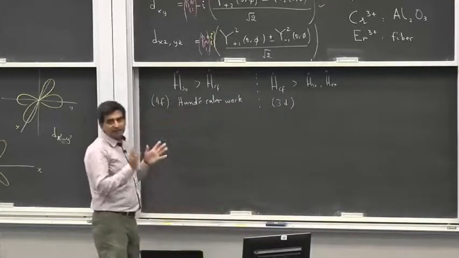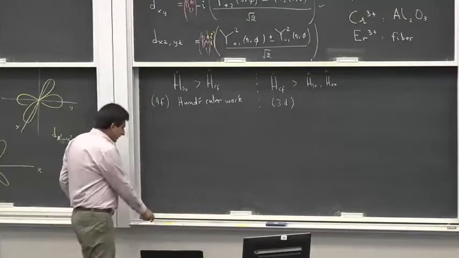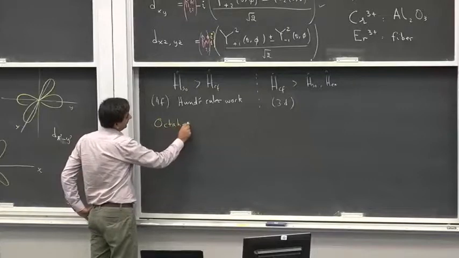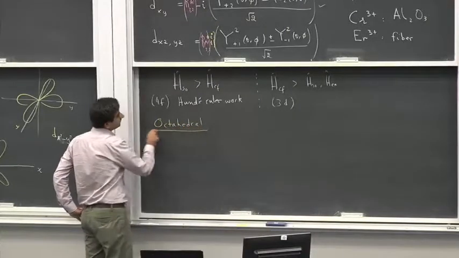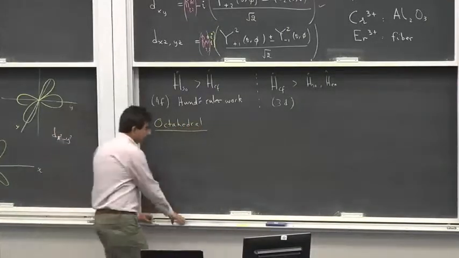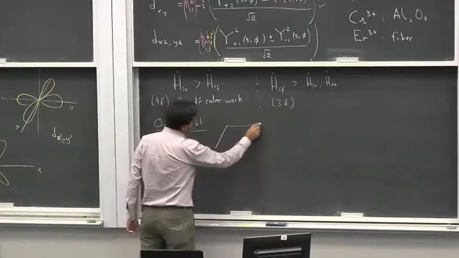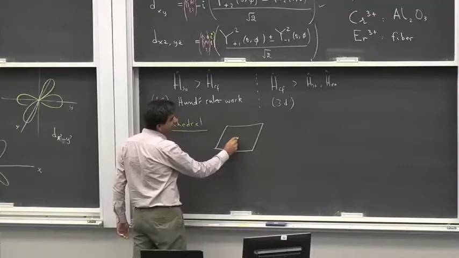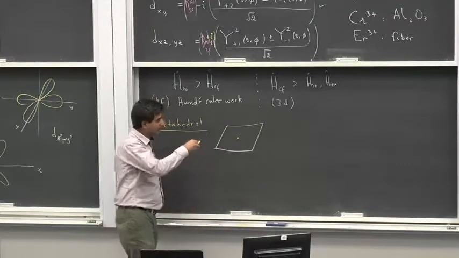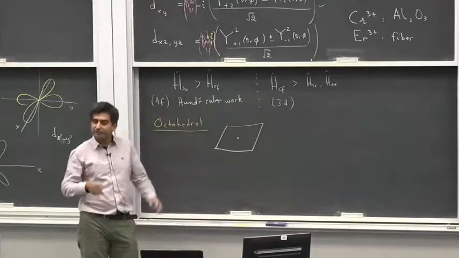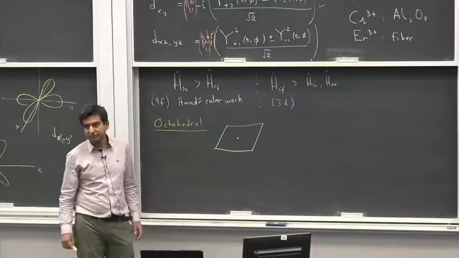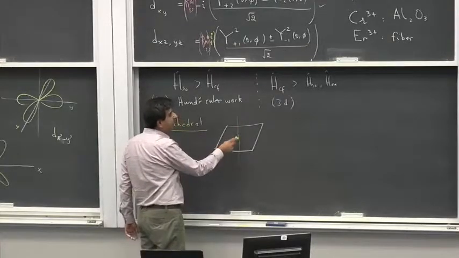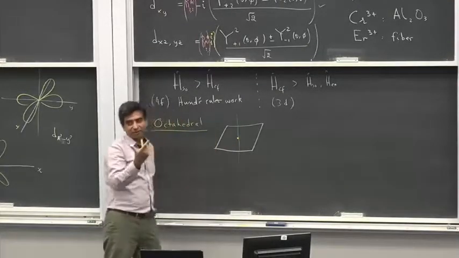Now let's pick an environment. There are different kinds of environments. One of the most popular is an octahedral environment. In an octahedral environment, as the name suggests, there is a central metal ion coordinated by 6 negatively charged ligands. The assumption is that each one of these anions is a point charge.